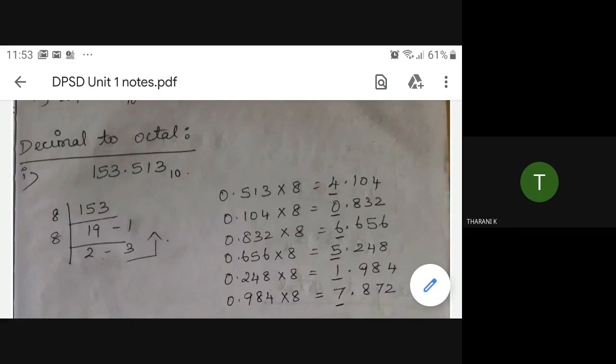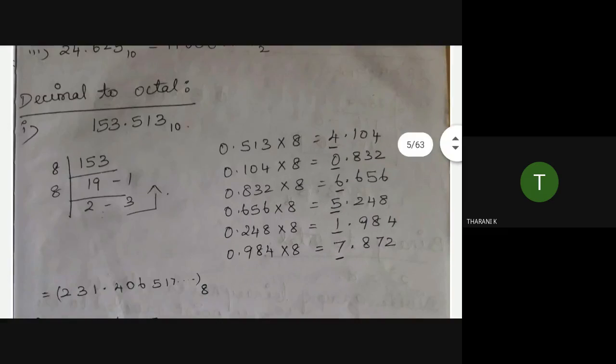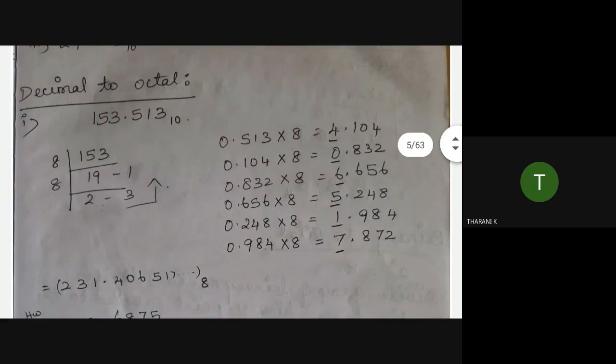Similarly, 0.832 into 8 you get 6.656. Next step, 0.656 into 8 will give you 5.248, and in the next step 0.248 into 8 will give you 1.984. So here you see that it keeps on going. You have not obtained any zero, so you can obtain at least 4 to 5 digits and put dot dot dot.